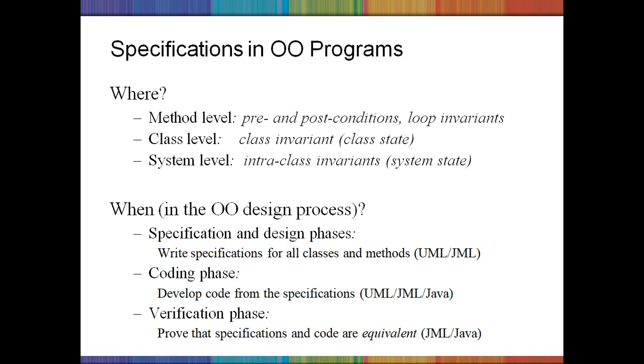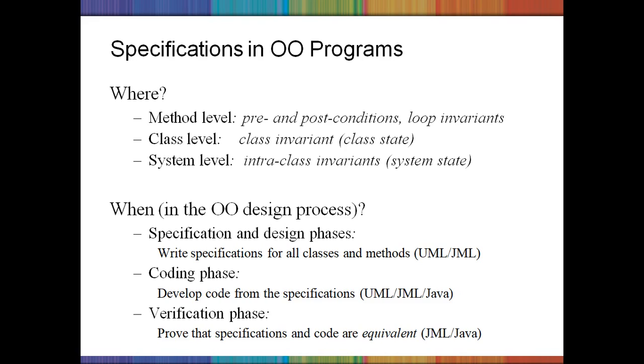So while going for the specification and design phase, write specifications for all classes and methods using UML, and in the coding phase, you use the UML and decode it into the corresponding language code, either Java or something else.